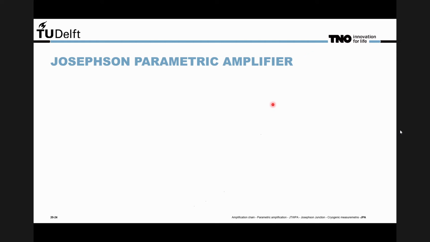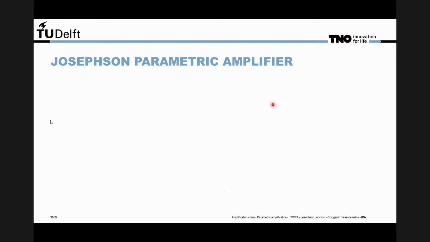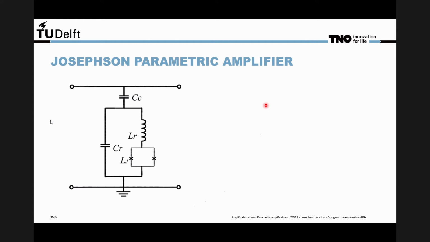We also invested some time in fabricating another type of Josephson parametric amplifier known as the JPA, which is based on a resonant cavity instead of a transmission line with many unit cells. The JPA I made is actually an LC resonator capacitively coupled to a feed line, or to a transmission line.